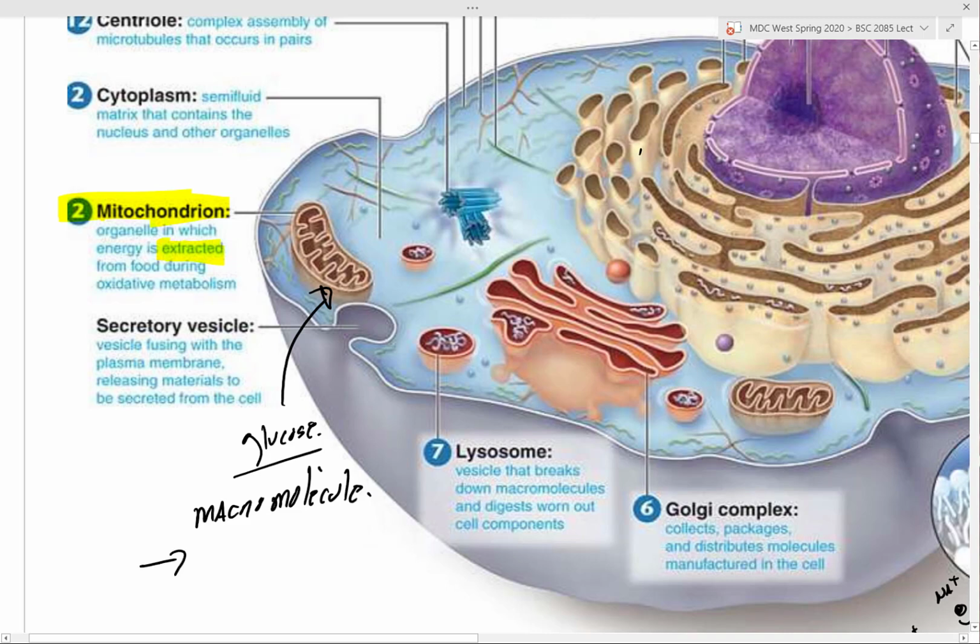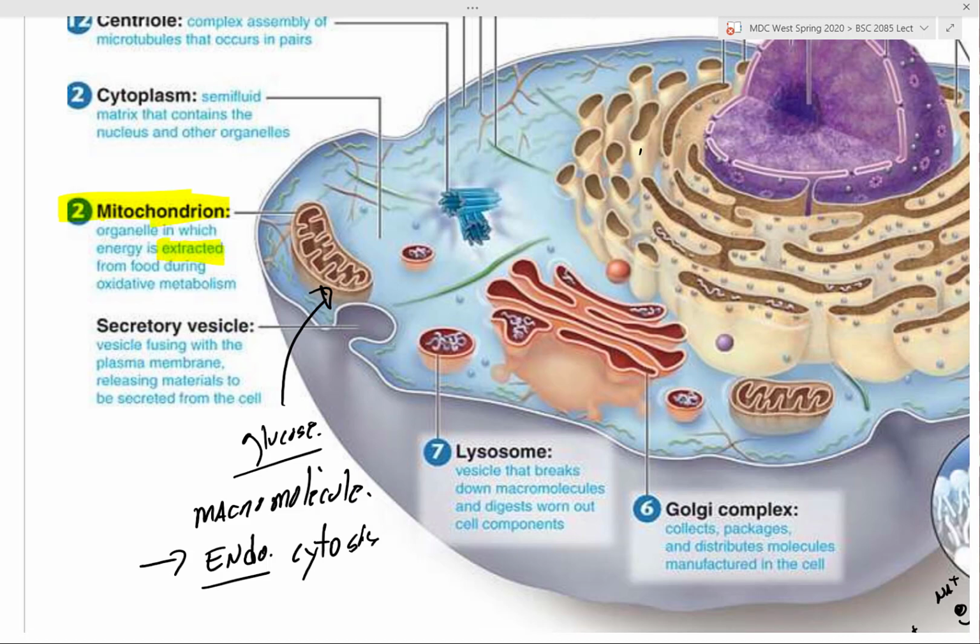That process is known as endo, what does that endo mean? Inside, and then cyto means cell, and then cytosis, okay? So the process is known as endocytosis. So all macromolecules, humongous molecules, you require a big door, right?